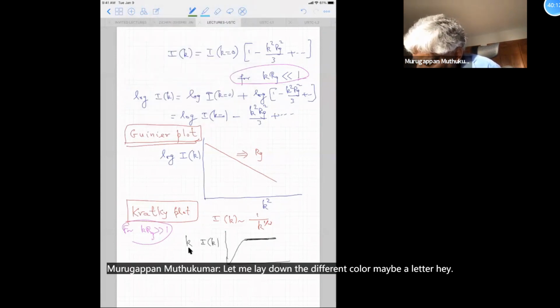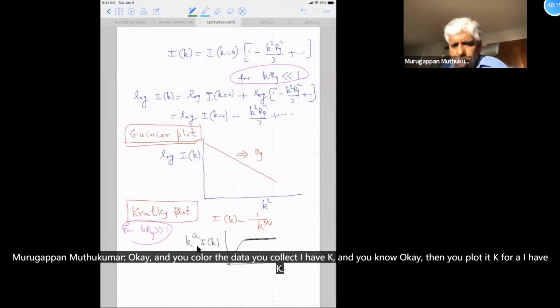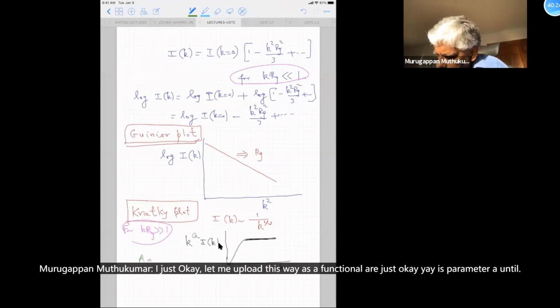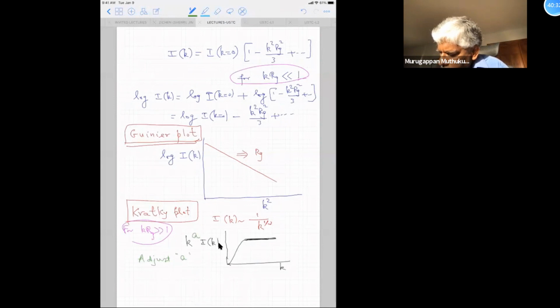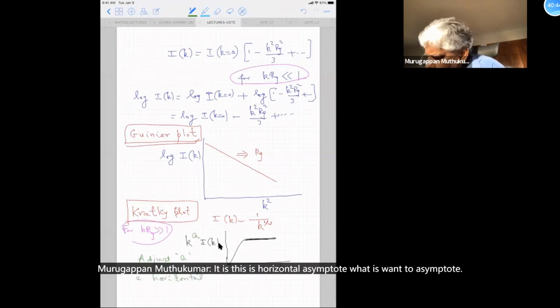Maybe I'll write K to the A. You collect the data, you collect I of K, and you know K. Then you plot K to the A times I of K as a function of K, adjusting this parameter A until you get a horizontal asymptote.